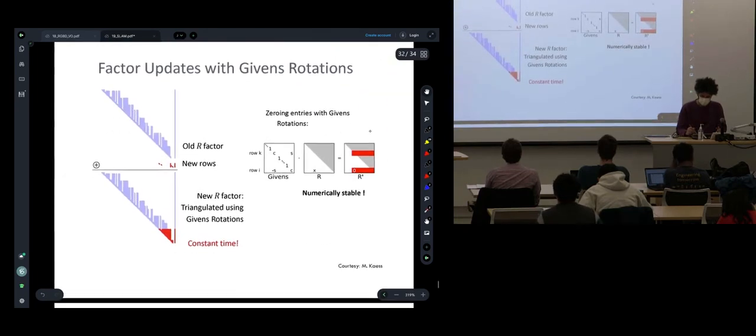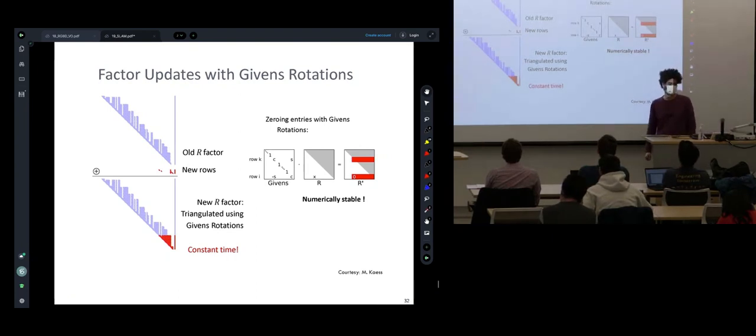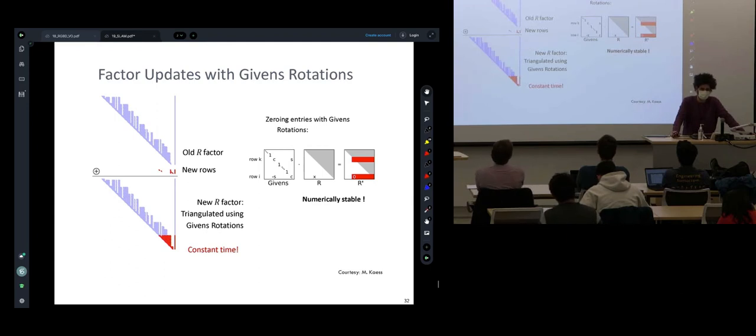So that's good news. And a particular algorithm that is used is called Givens rotations. There are several algorithms for QR factorization. Givens rotation forms the Q matrix, your orthogonal matrix, as a sequence of rotation matrices.